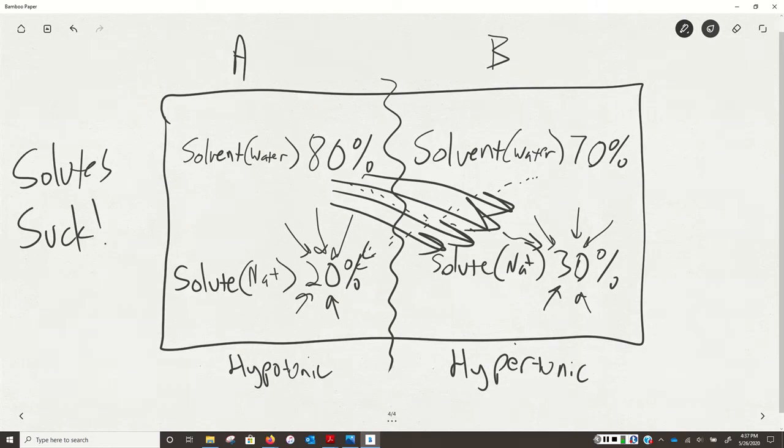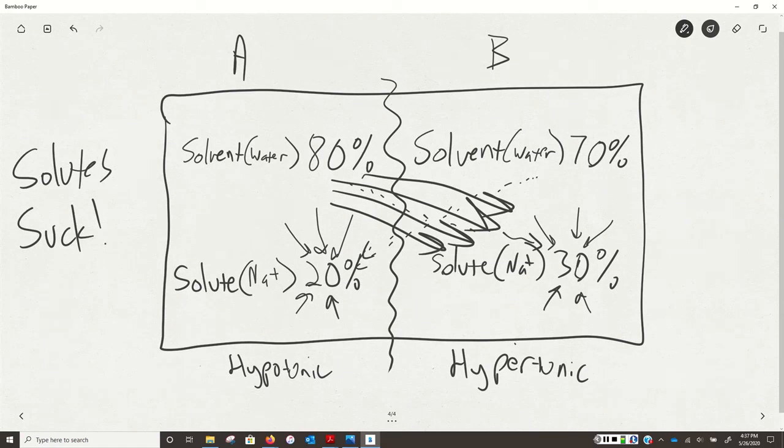And how long would it keep doing that? Well, what actually happens is water gets pulled from A to B. The water concentration goes down and the solute concentration goes up. Over on side B, as water enters, the water concentration goes up and the solute concentration goes down until eventually they have the same concentration on each side.